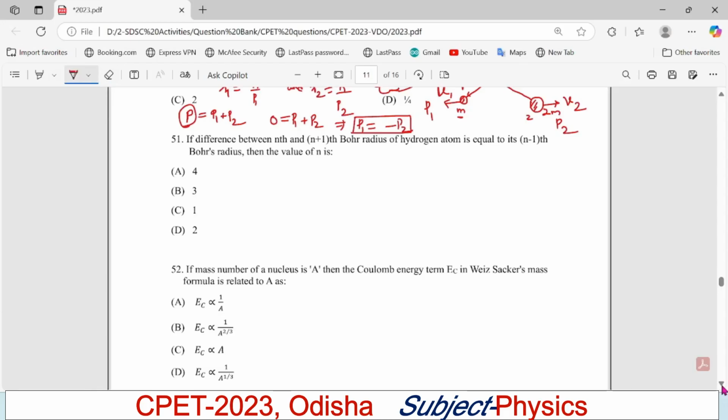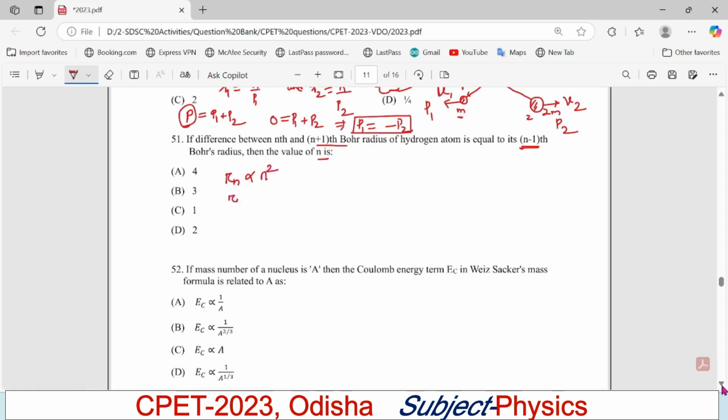If the difference between nth and n plus 1th Bohr radius of hydrogen atom is equal to its n minus 1th Bohr radius, then what is the value of n? Four options are given. We know that for hydrogen atom, nth radius is proportional to n square.